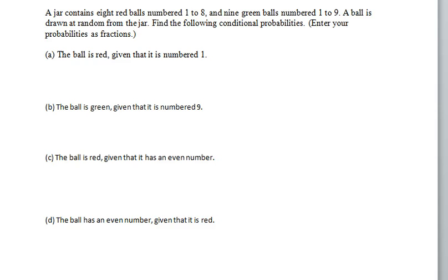One ball is drawn at random from the jar, and we're asked what's the probability that the ball is red given that it has the number 1. So this would be the number of balls that are red and have the number 1 divided by the number of balls that have the number 1.